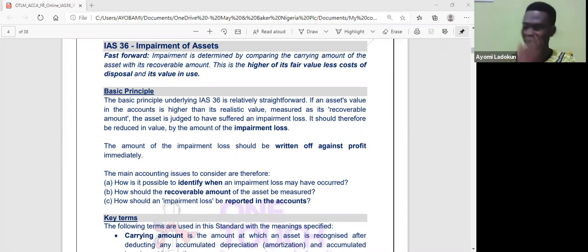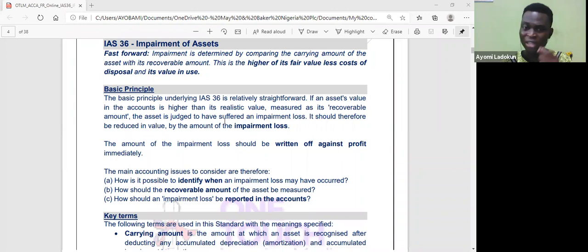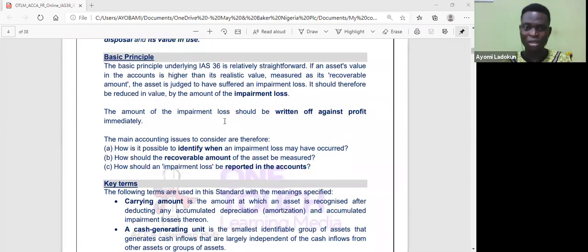I'm still coming back to what impairment really means. That's why I said it's a systematic allocation: there is a sequence that you follow, almost every year. Now, what is the carrying amount of an asset? Everything I'm saying is in your notes, so you can see it somewhere around all of that.